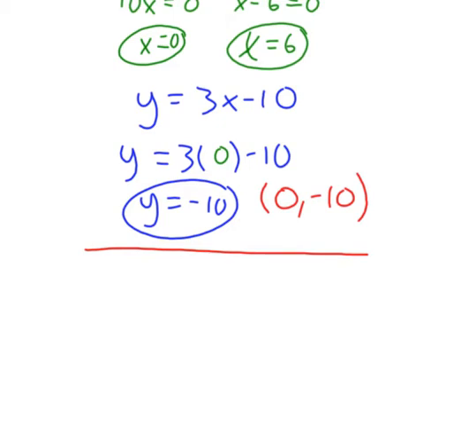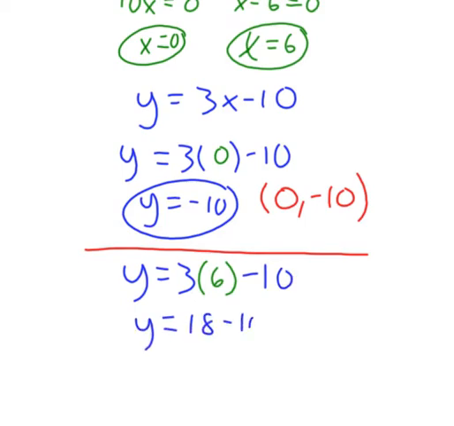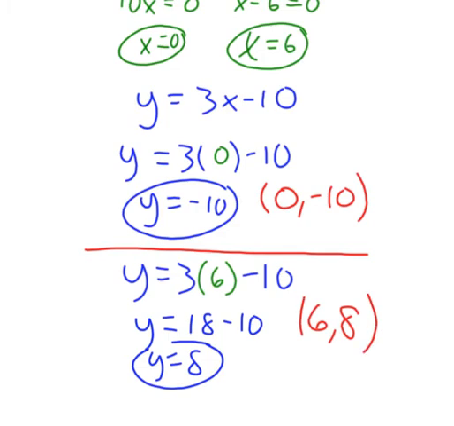Now our second point will be y equals 3 times 6 minus 10. So y equals 18 minus 10, and y equals 8. So that solution will be (6, 8) as a point.